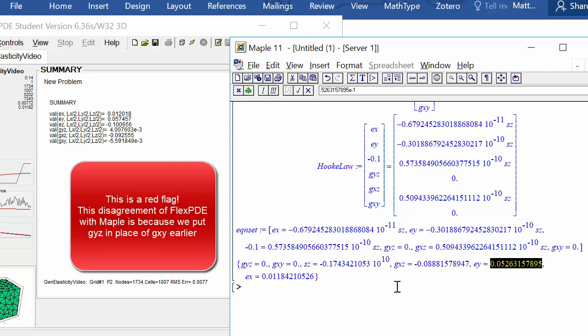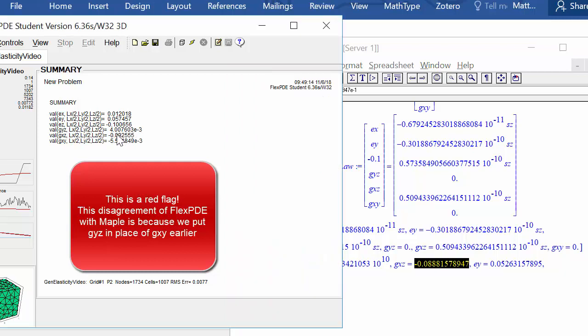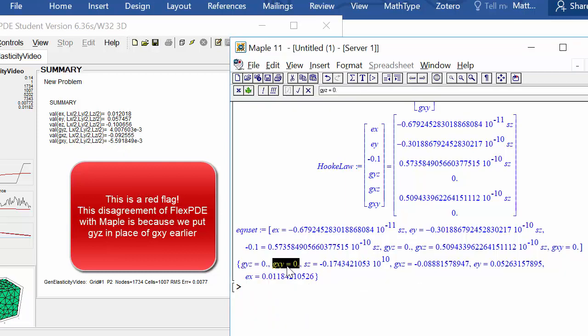EZ is negative 0.1, and we didn't report that. We set it to negative 0.1. GYZ is 4E minus 3. And it looks like GYZ was actually just 0 according to Maple, and same thing with GXY. We found 0 exactly using our analytic calculation, and in FlexPDE we found that it's not quite 0, but it is certainly smaller than the other ones involved by a fair bit.